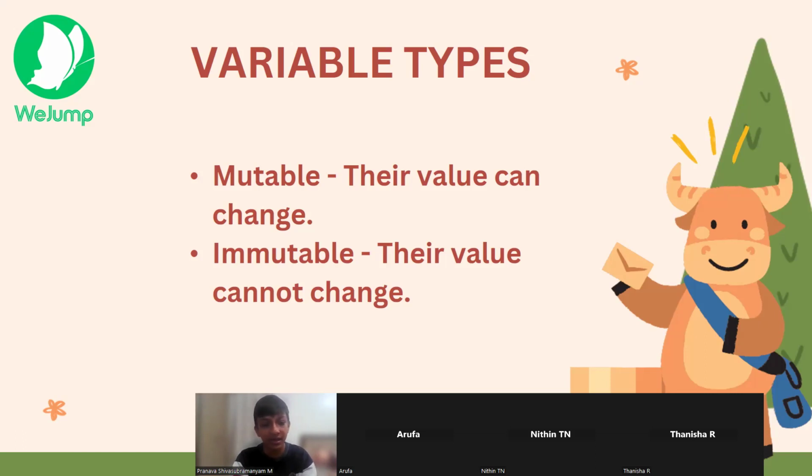If you assign a value to that, it's not changed. But in mutable, you can change their values. Did you get that? Can anyone tell now what is mutable?